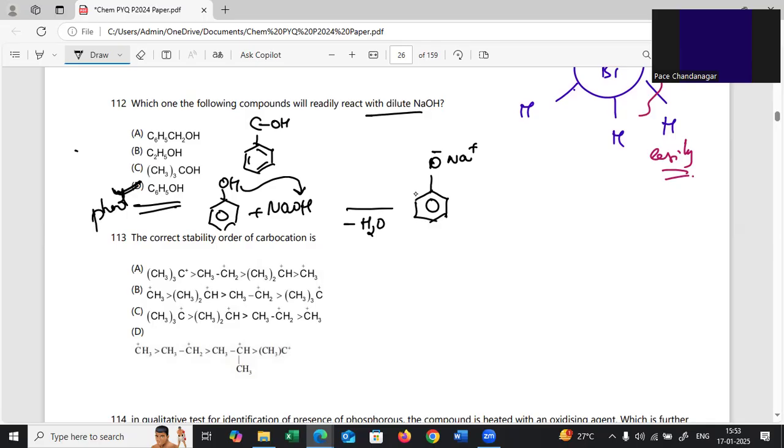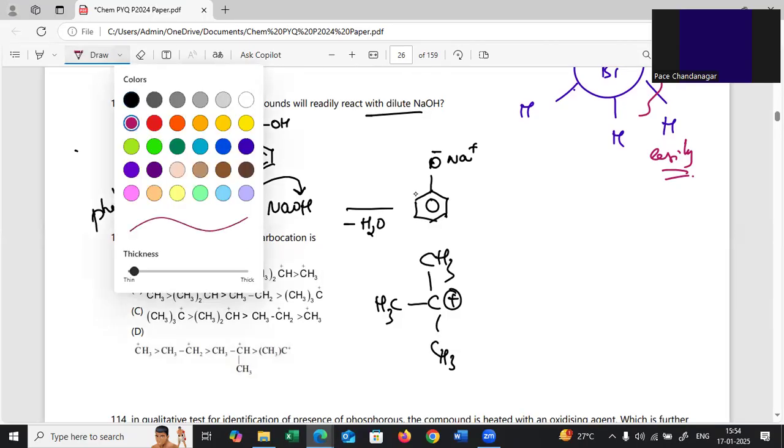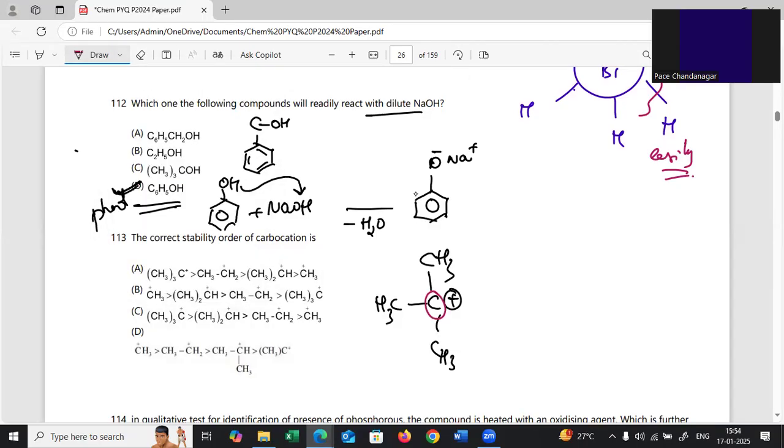Next, the correct stability order of the carbocation. Where will we check the stability order of carbocation from? Just check all these things with hyperconjugation. See, you can see C with CH3, CH3, CH3 and positive charge. The positive charge has to be removed, so the rest of the carbon should be able to help it by releasing the hydrogens from there, so that the carbon becomes negative and that negative charge will be put as a bond.